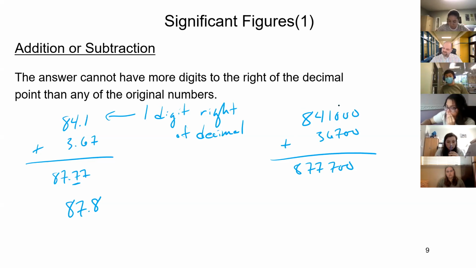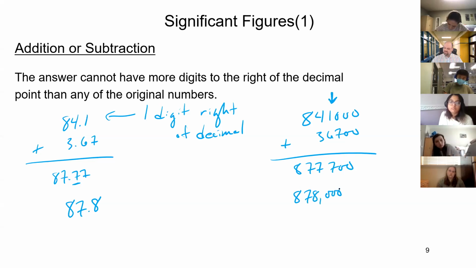But again, because this is the lowest place that all of my numbers share, I need to round to the thousands place. And so I'm going to round to 878,000. That does just have 3 sig figs, or I could write it this way if I wanted to be a little clearer about how many sig figs I should have.